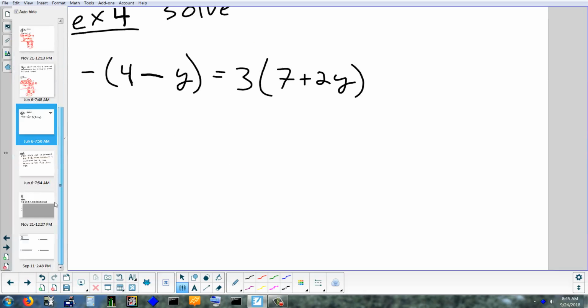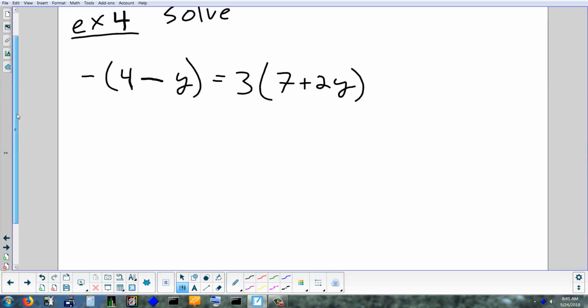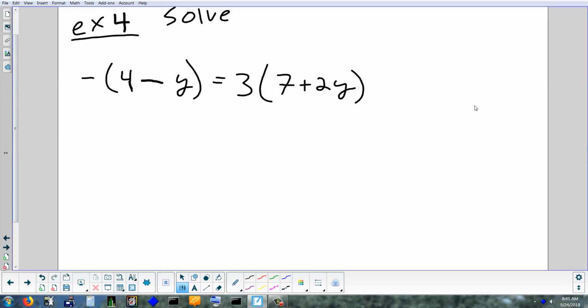This one's a little bit different than the other one. The one we just did, obviously the numbers are different. What about the setup? Look where the parentheses are, and think about where they were in the last one. How is this one different? Yusuf? The last one we did had parentheses on the same side of the equal sign.